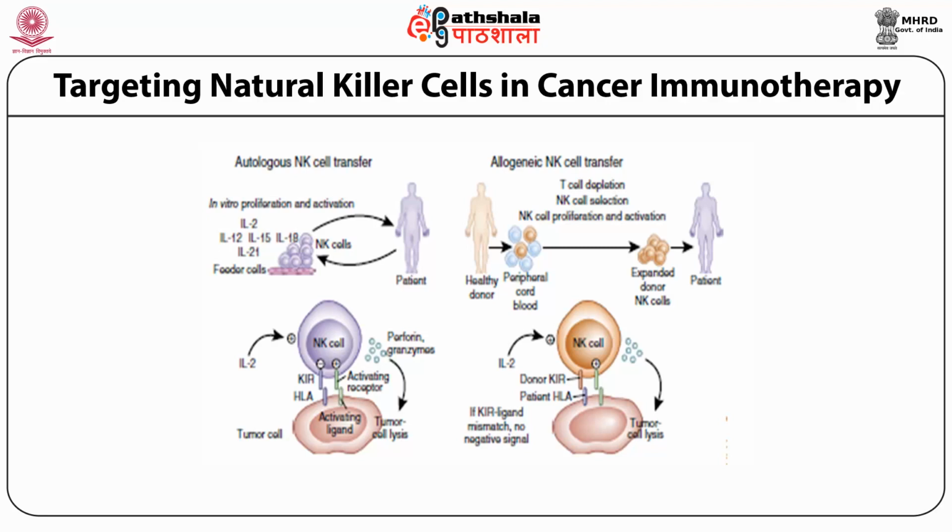Then these enriched NK cells can be expanded in vitro in culture for 1 to 3 weeks in the presence of IL-2 cytokine, with or without feeder cells which are engineered to express cytokines and co-stimulatory molecules.